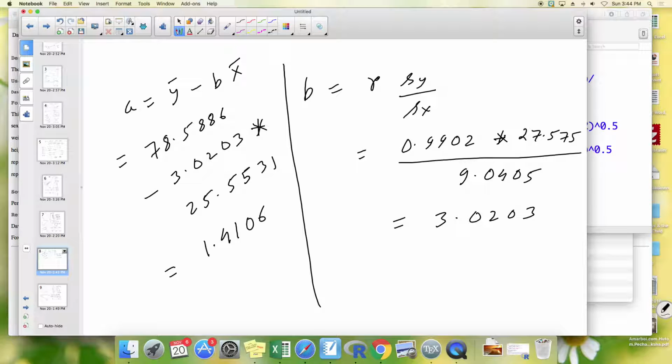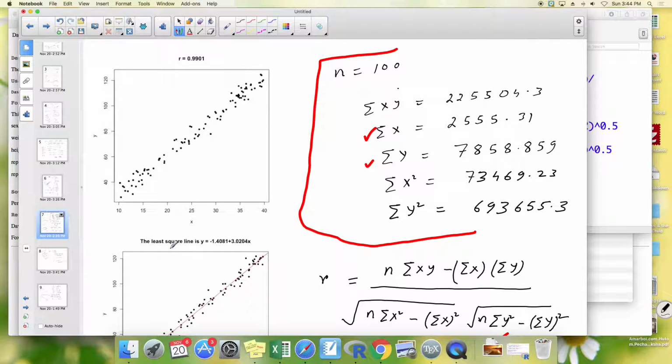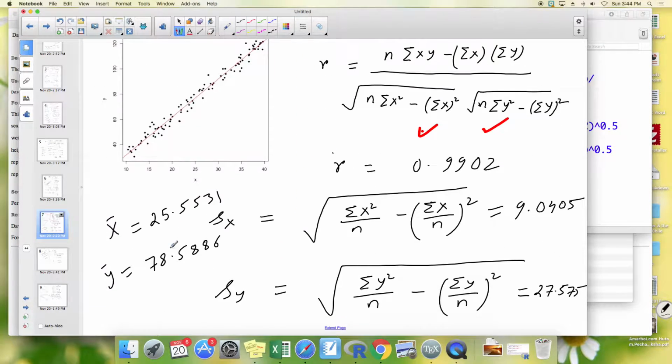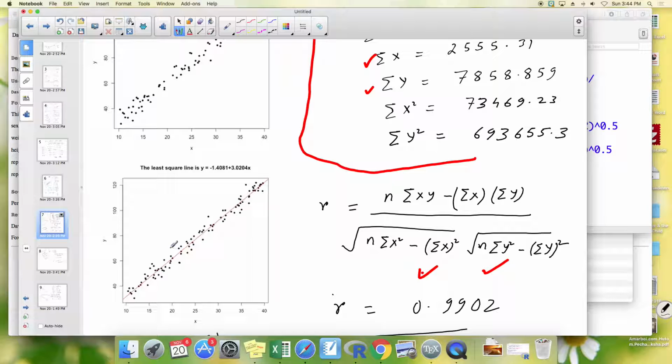1.4106. So your line is really y hat equals 1.4106 plus 3.0203 times x. Okay, so there's a negative here.